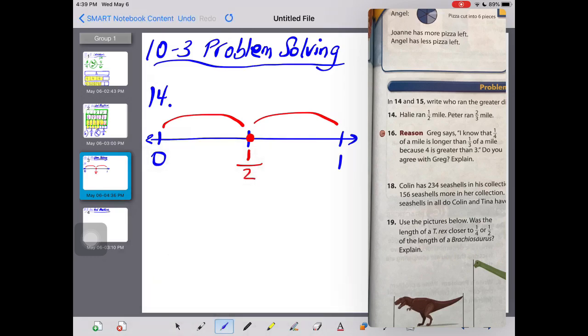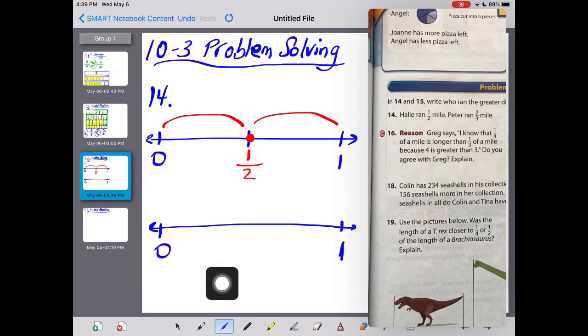All right, so now let's take a look at Peter. Peter ran 2/3 of a mile. So we're going to draw another number line and label it 0 and 1. Notice how mine are basically the same distance. These two are equal. We want to make sure that this is the same, okay? And now we're going to do it in thirds. So let's divide that up into 3 equal sections.